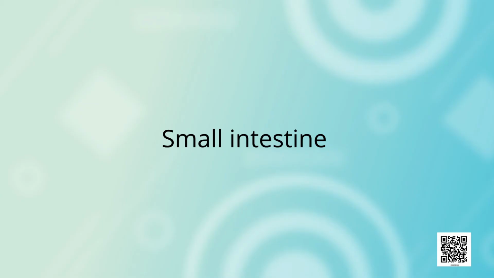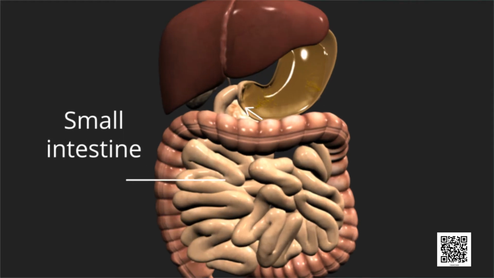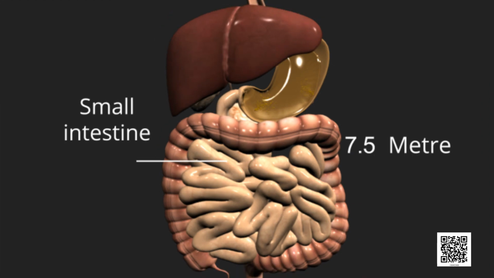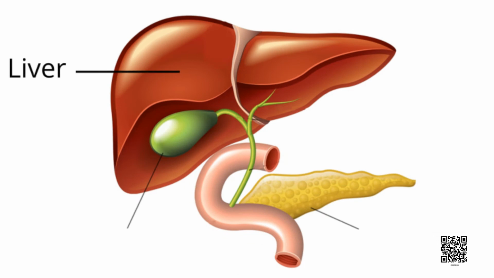The small intestine. The small intestine is highly coiled and is about 7.5 meters long. It receives secretions from the liver and the pancreas. Besides, its wall also secretes digestive juices.